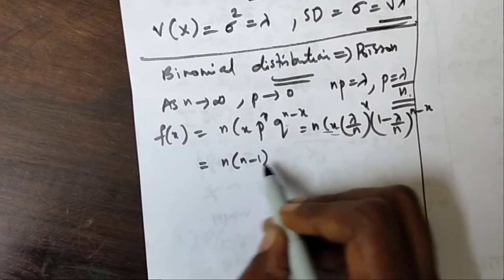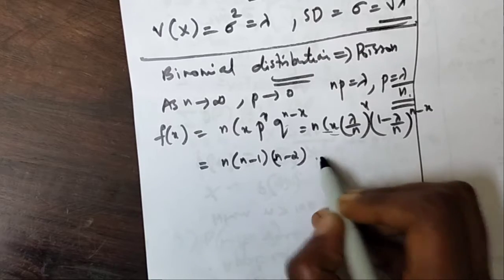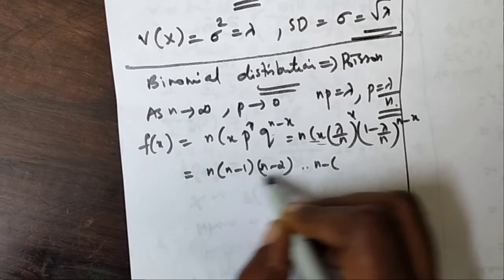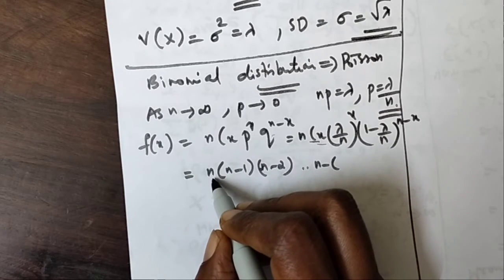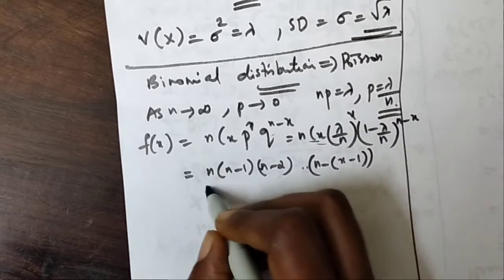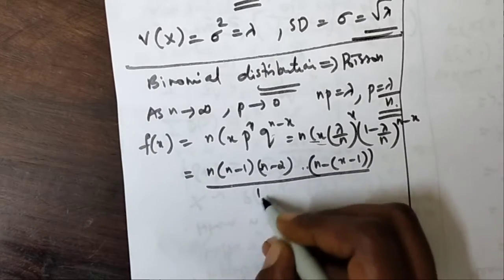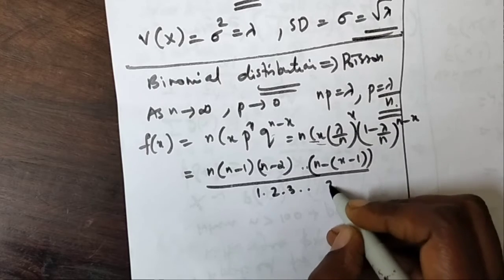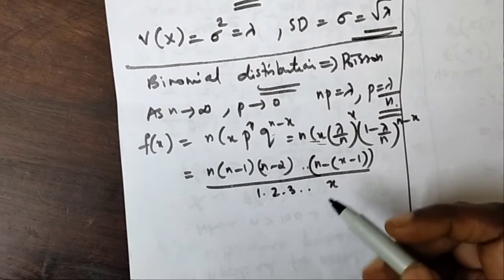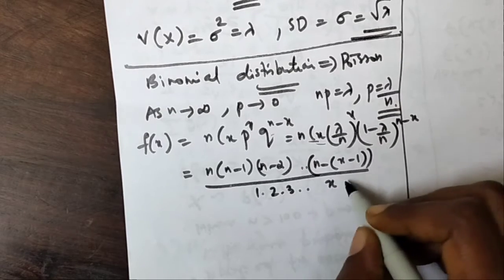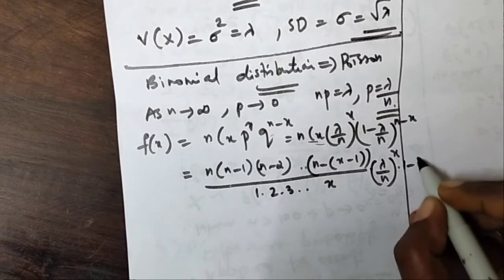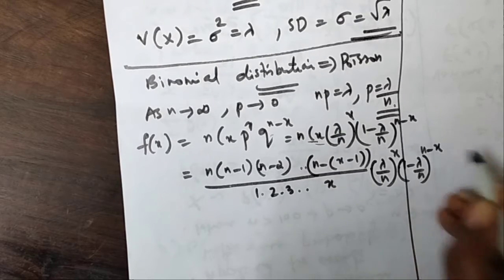It is n into (n minus 1) into (n minus 2) and so on, x terms, up to n minus (x minus 1), divided by 1 into 2 up to x factorial, then into (lambda by n) raised to x into (1 minus lambda by n) raised to n minus x.